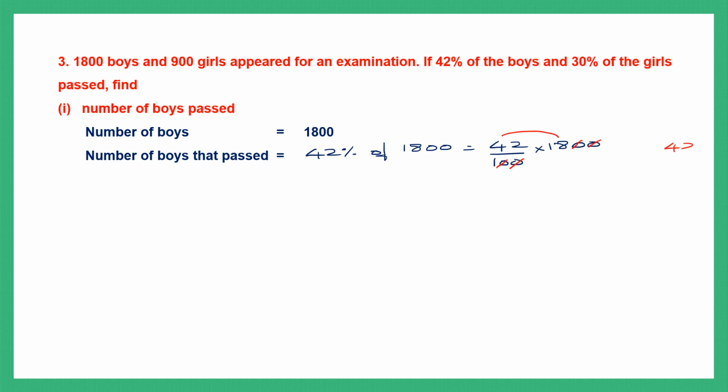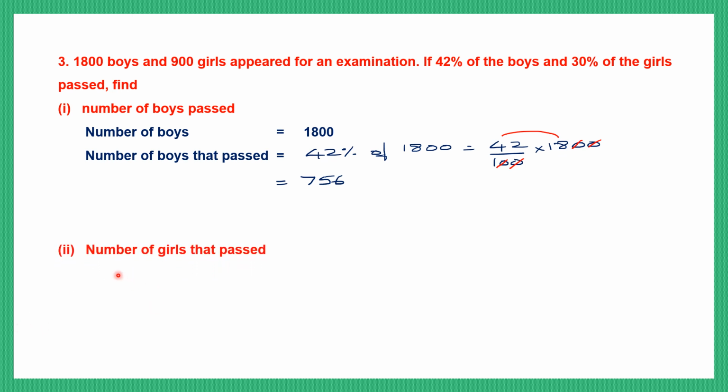Let's multiply 42 into 18. 8 twos are 16, carry 1. 8 fours are 32 plus 1, 33. Second step, 1 twos are 2, 1 fours are 4. Adding up, 6, 5 and 7. So the number of boys that passed is 756 out of 1,800. But now we have found out that only this many boys have passed.